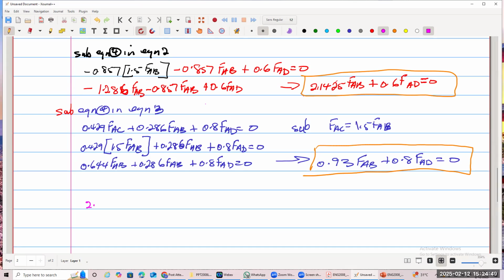It's 2.143 FAB plus 0.6 FAD equals 0. Can somebody solve this quickly for me, please? Tell me what you're doing, substitution or elimination.